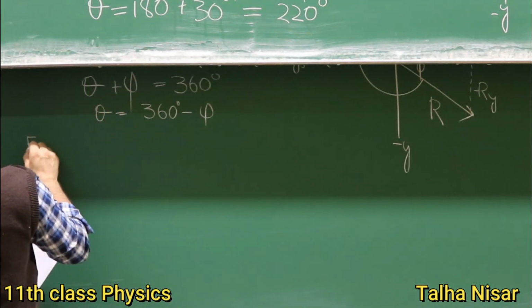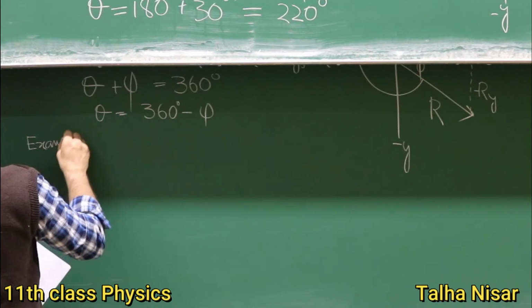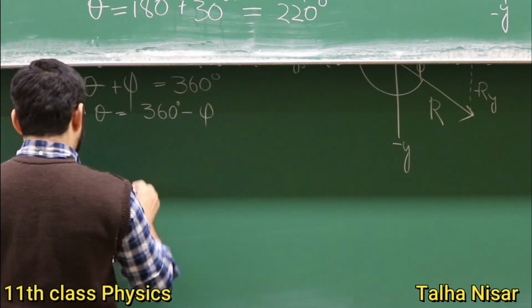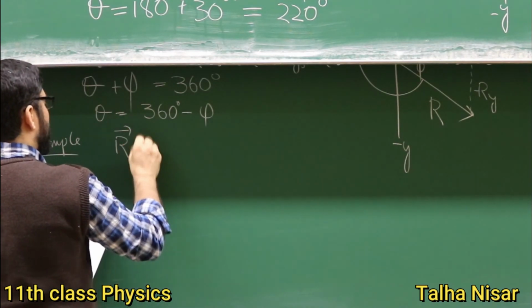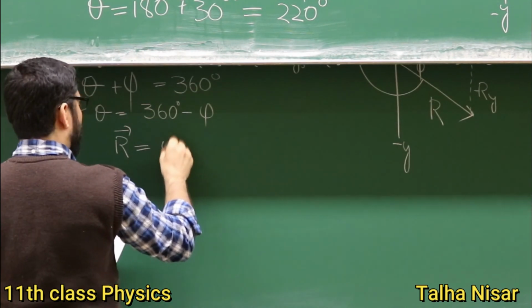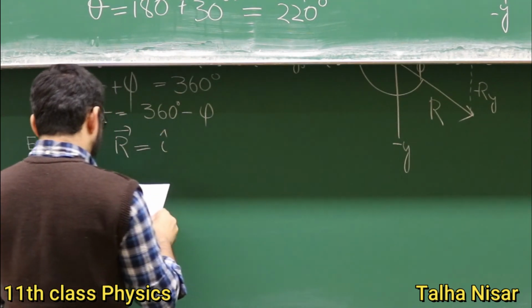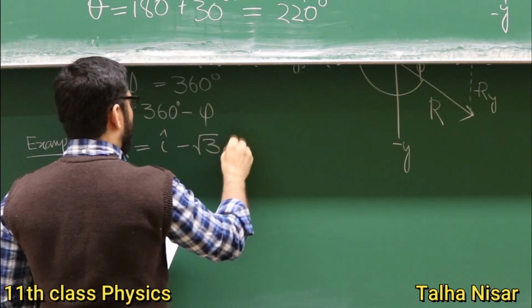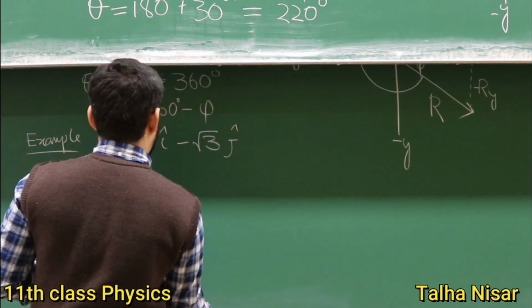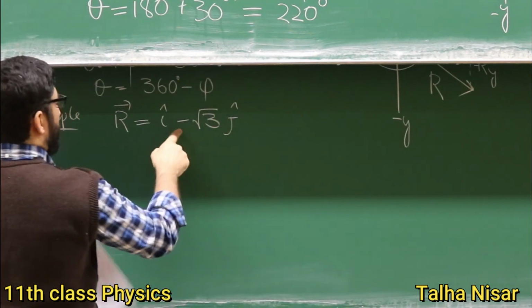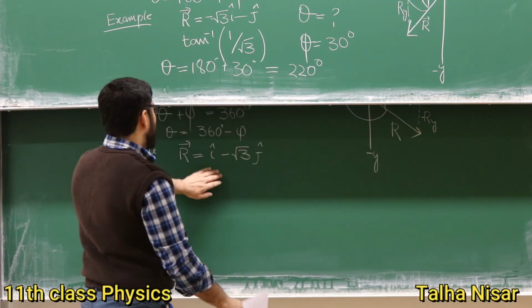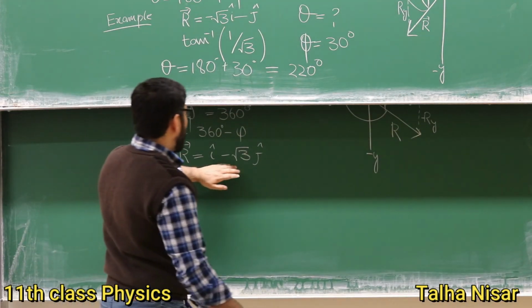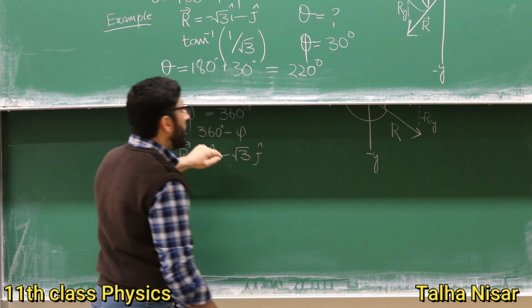So for example, the R that is given is 100 i unit vector minus 300 under the root 3 j. With these values we can already guess the value of the angle.